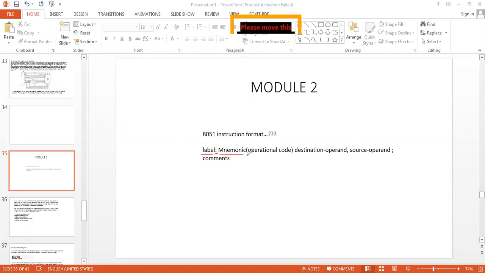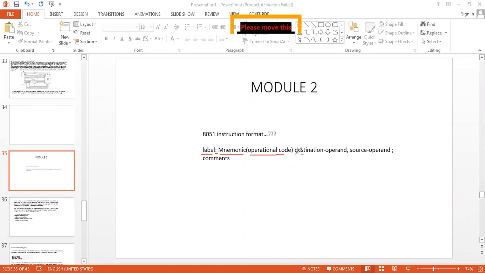The mnemonic is nothing but an operational code, what actually the operation has to be done, whether it has to be copying from one place to another location, addition, subtraction, logical operation, or whatever the operation it is going to tell to the processor, right?